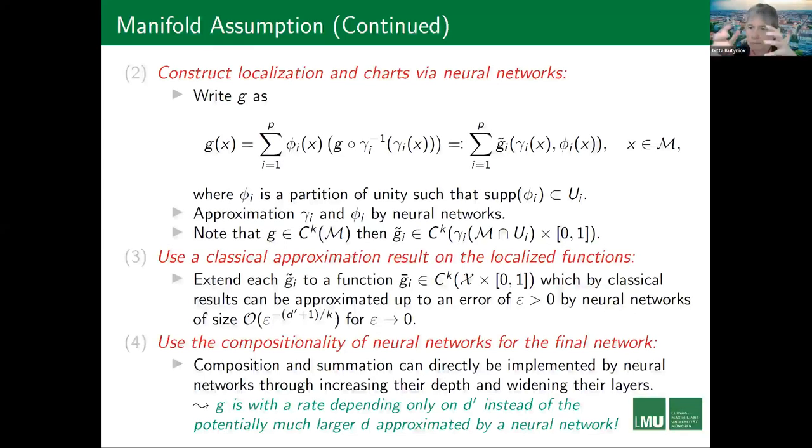That's, in a certain sense, one explanation people bring that neural networks can approximate in high dimensional space with a rate which is much lower, if you have this manifold assumption. Okay, so that's basically one way to view it.